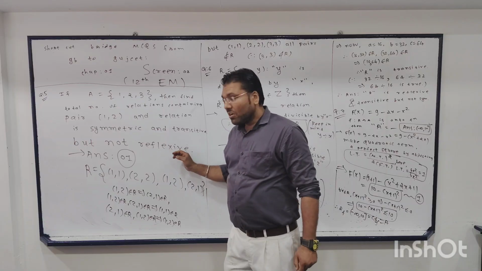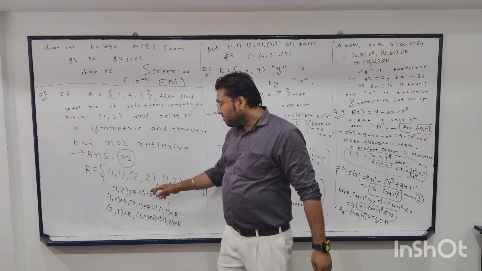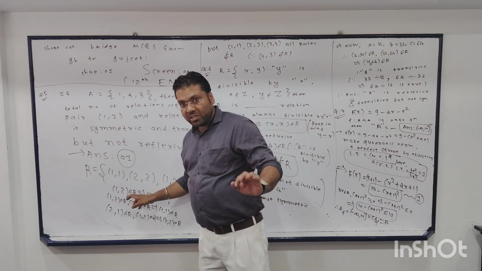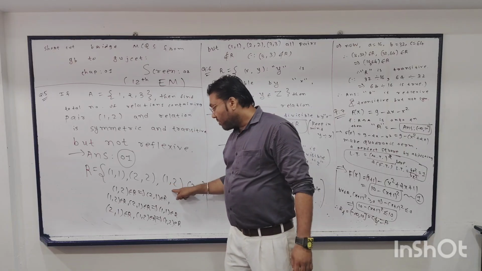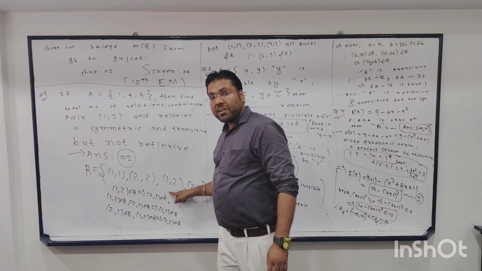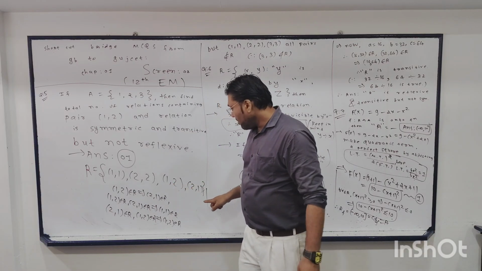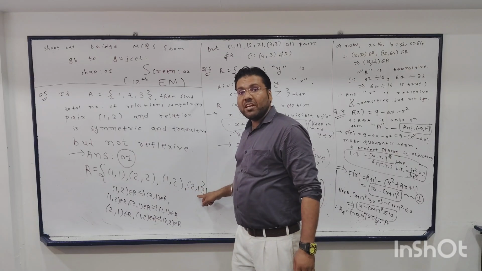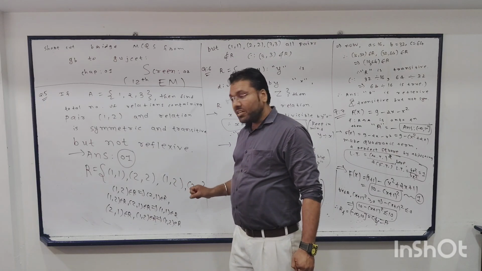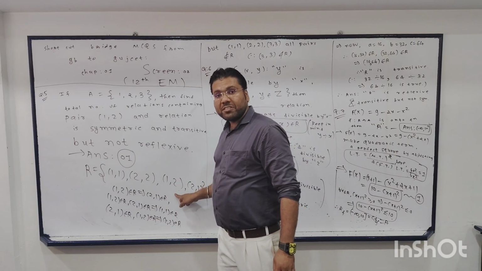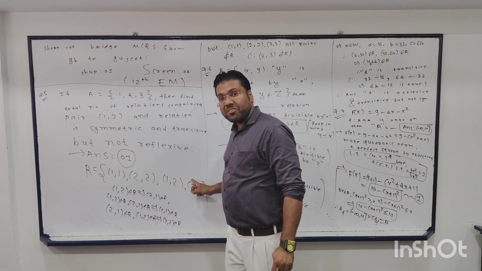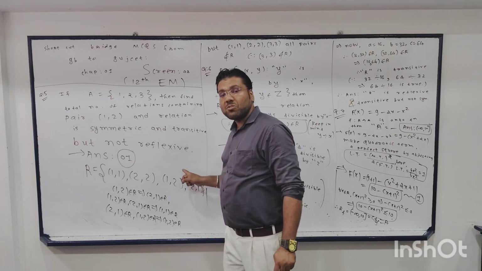Why? Suppose we are choosing the (1, 1) pair only and we are choosing (1, 2). For the (1, 2) pair to be symmetric, there must be (2, 1) in the relation. So if the (1, 2) pair is present, it is symmetric only when (2, 1) is also present.